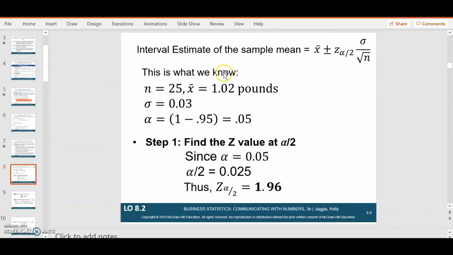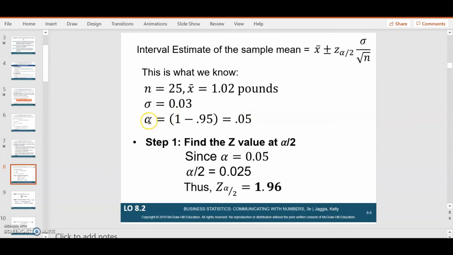So this is what we know so far. We know that n, sample size, is equal to 25, x bar, or sample mean, is equal to 1.02 pounds, the population standard deviation is equal to 0.03, and the significance level is equal to 1 minus 95% confidence interval. So significance level is equal to 0.05.